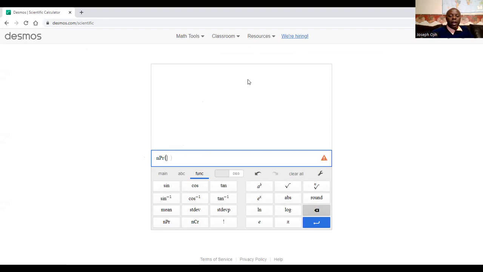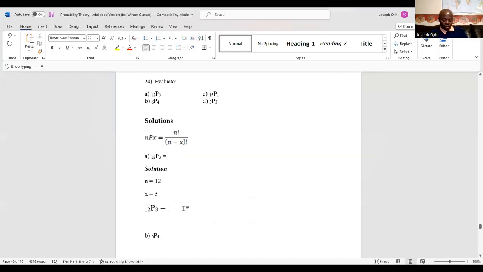So nPr, which means nPx. 12 permutation 3 will now become 12, 3, and it will give you the answer right away: 1320. Let me write it down. 1320 for 12 permutation 3.